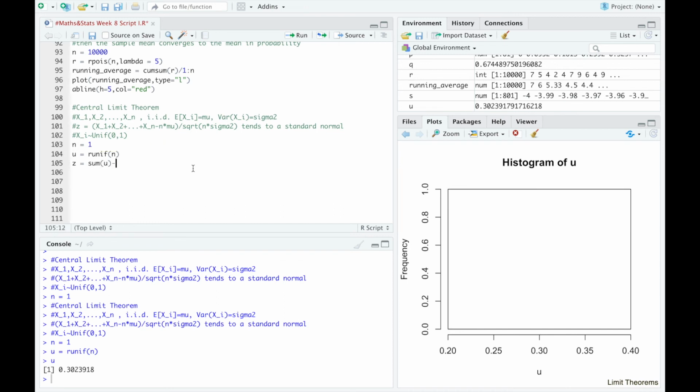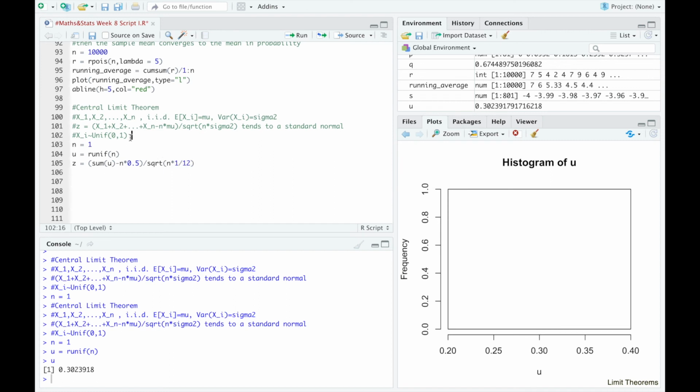these samples minus n times the mean. What is the mean of a uniform distribution? It is 0.5, divided by the square root of n times the variance of a uniform distribution, which is 1 over 12.